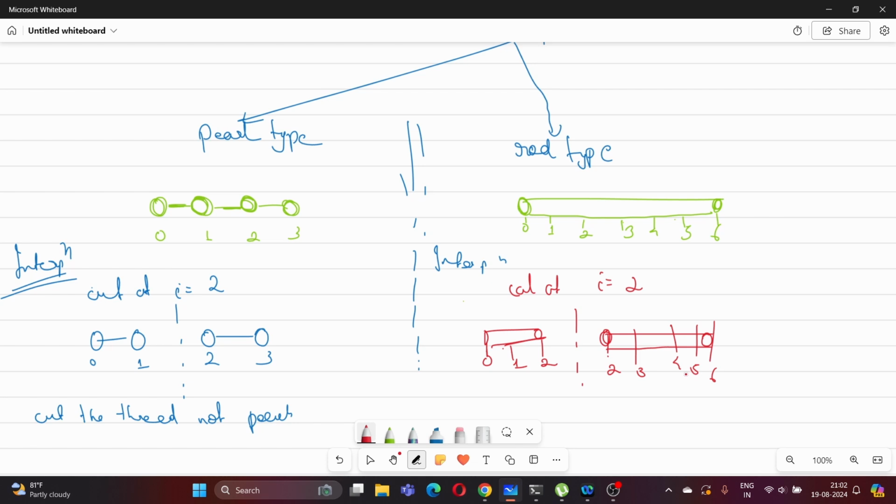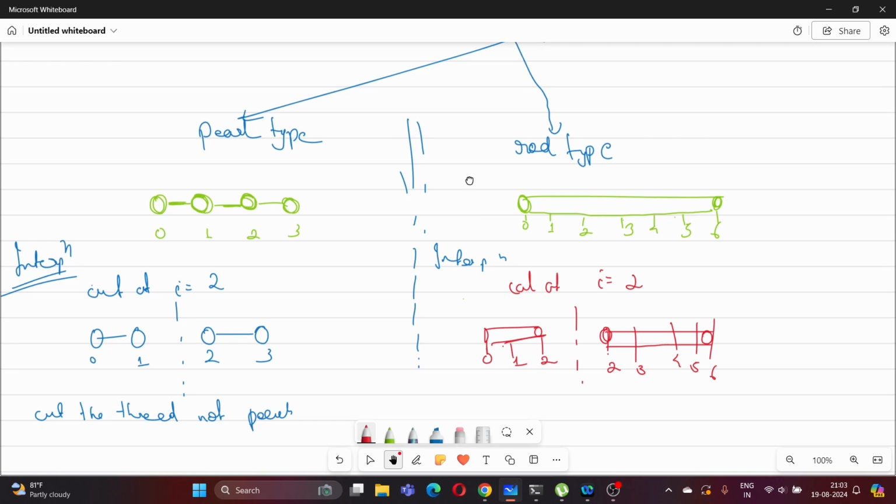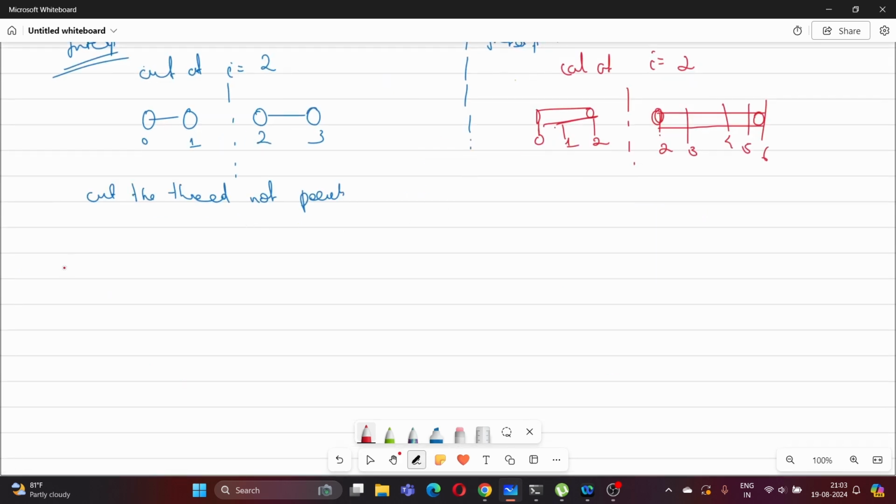Depending on these two cuts, you have to solve.